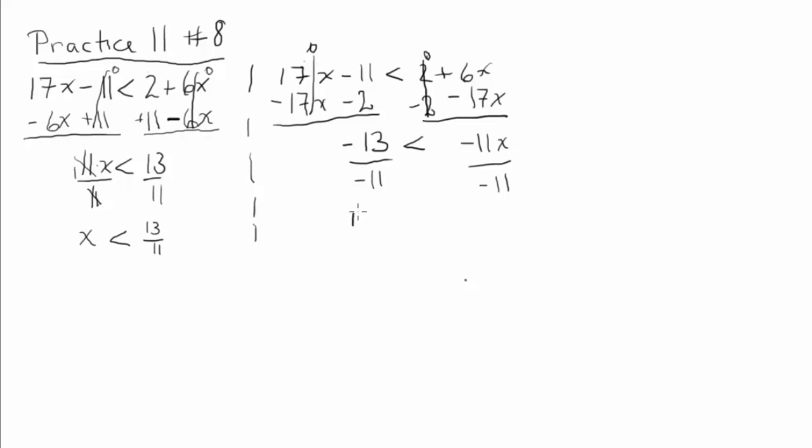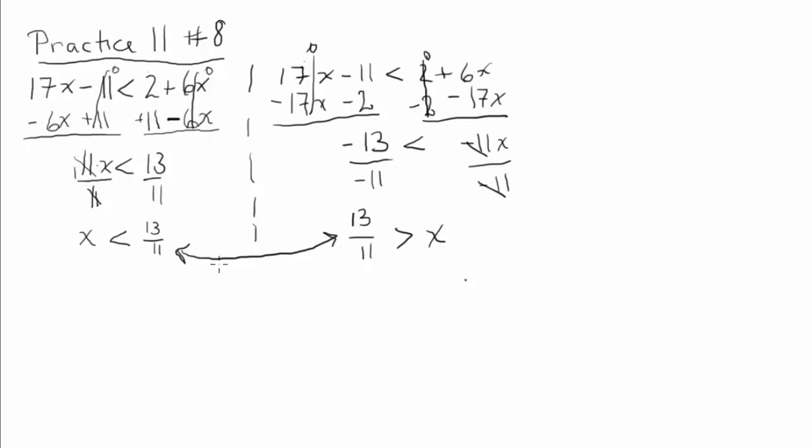So this turns into negative 13 over negative 11, which is 13 over 11, is greater than x. But these two statements are actually the same thing. x being less than 13 over 11 is the same as 13 over 11 being greater than x. So we do get the same set of numbers as our solutions, whichever way we choose to do this.